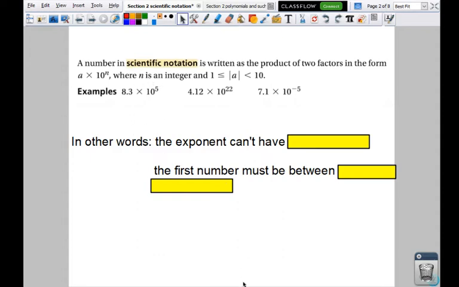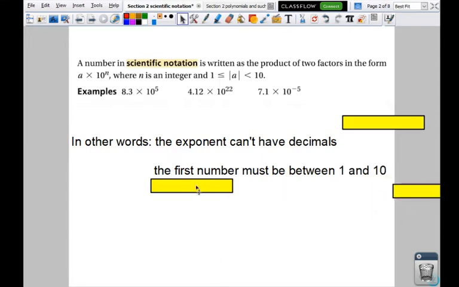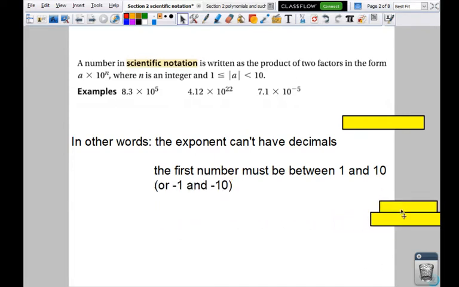Your exponent can't have decimals. And your first number must be between 1 and 10 or -1 and -10. So it's got to be between 1 and 10, but it could be negative. You can have decimals in this first number, that doesn't matter. All that matters is that it's between 1 and 10.